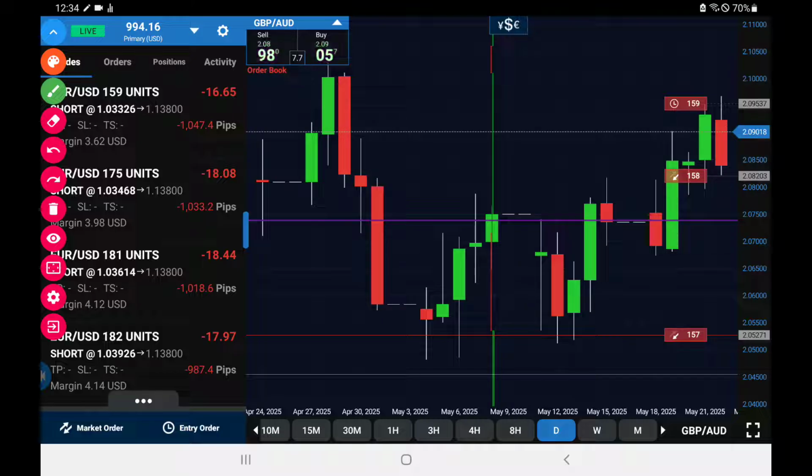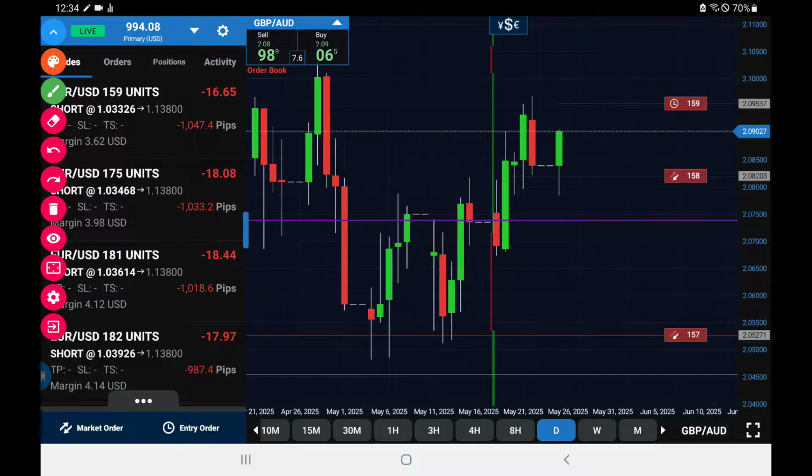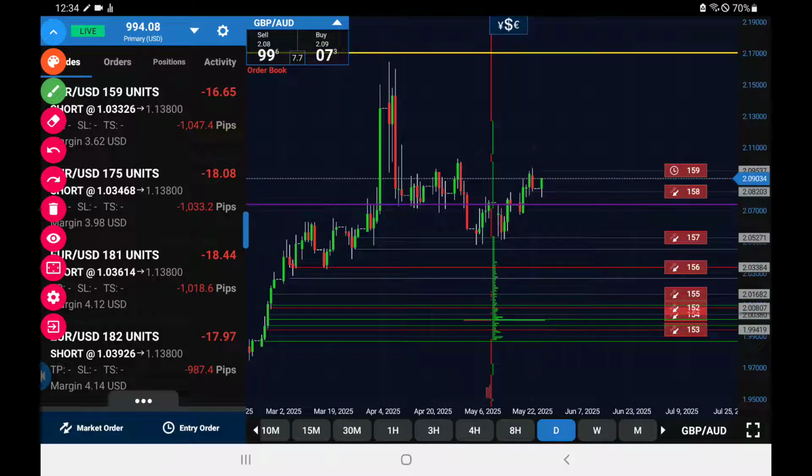So as you progress, as you look at your market, be sure to focus on the order book. The order book is everything, because by looking at it we can see that the buyers and sellers really want a lower price.